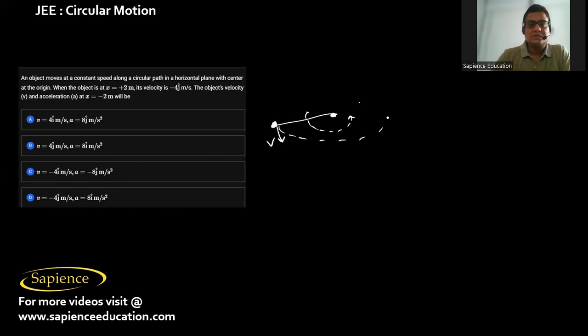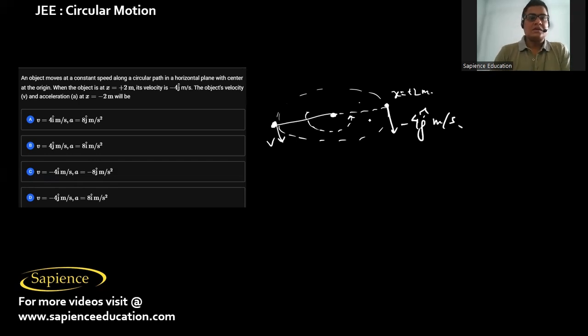V is constant. Then when the object is at x equal to plus 2 meter, its velocity is minus 4 j cap meter per second.